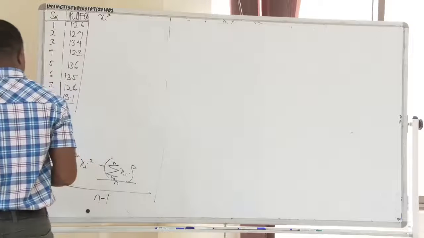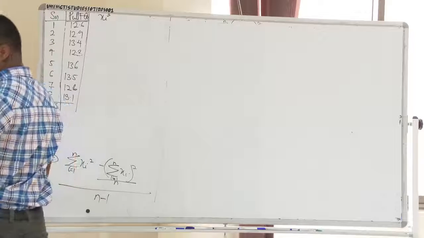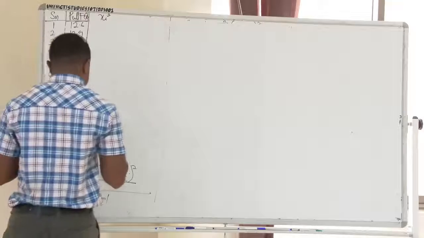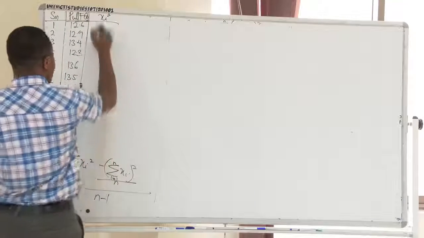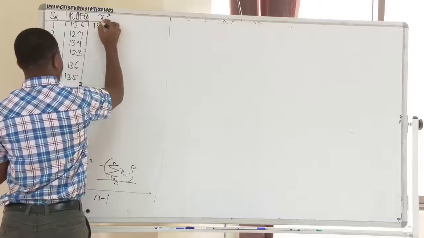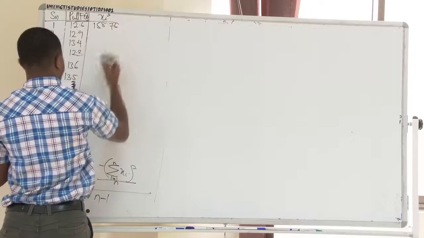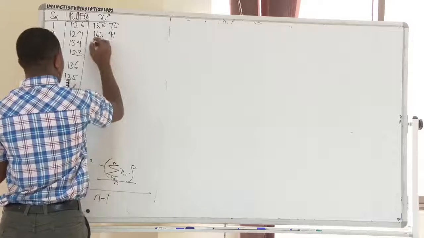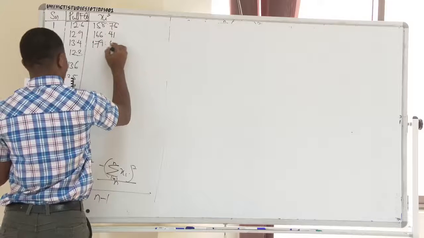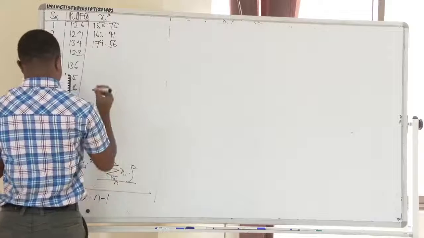In this case, the first value is 12.6 squared. This is going to give us 158.76. This one is 166.41. We have 179.56.